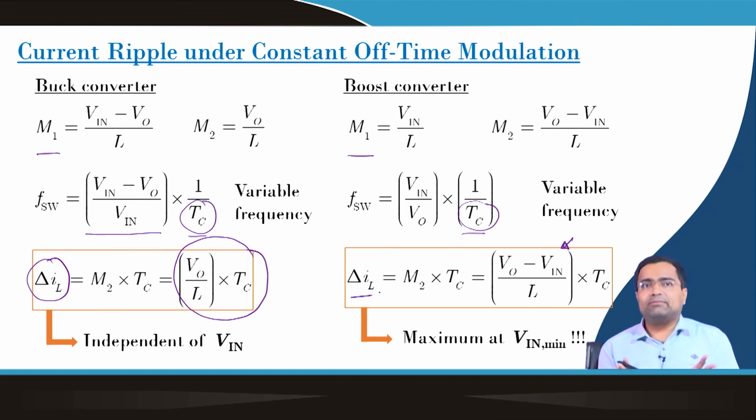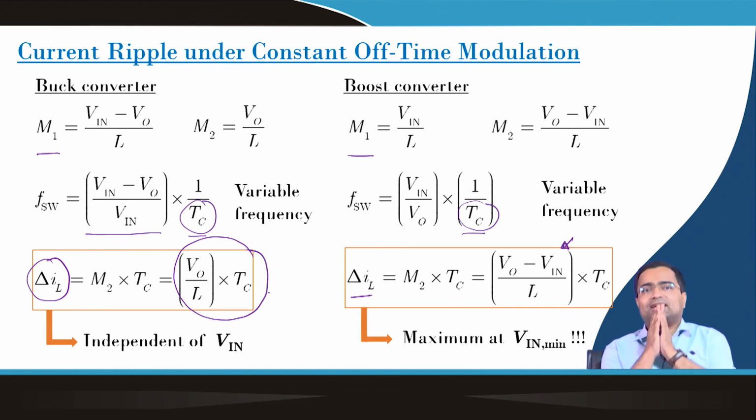Whenever we choose any of these techniques, we have to be very careful about the worst case power stage design, and that is why I wanted to show the ripple criteria under variable frequency modulation. Similarly, you can find out the RMS calculation, for which we already have the equation. The power stage design needs to be carefully considered, keeping in mind which modulation technique you are going to use.